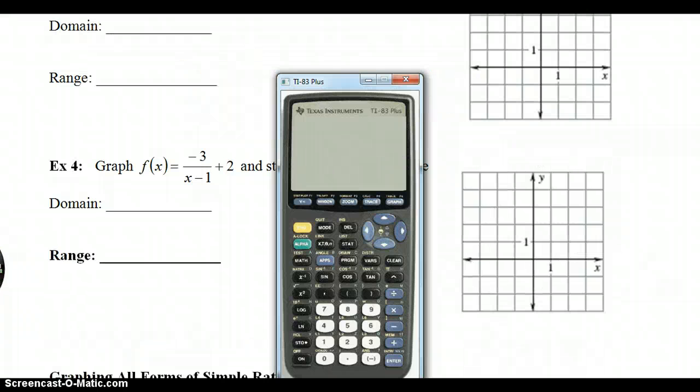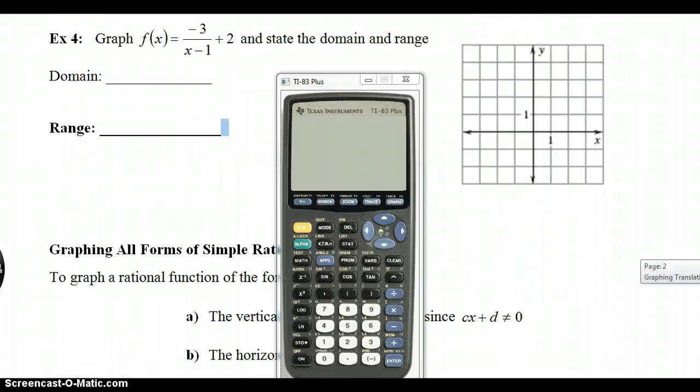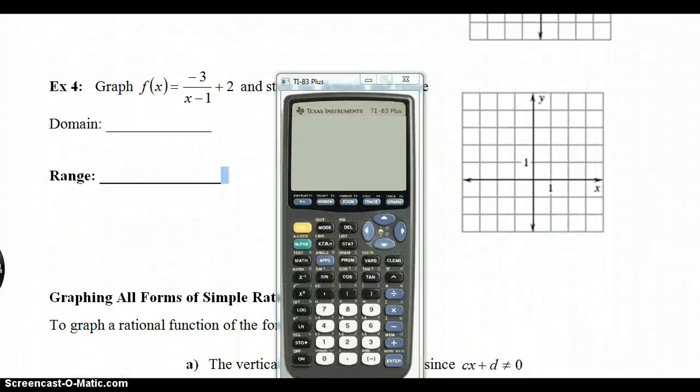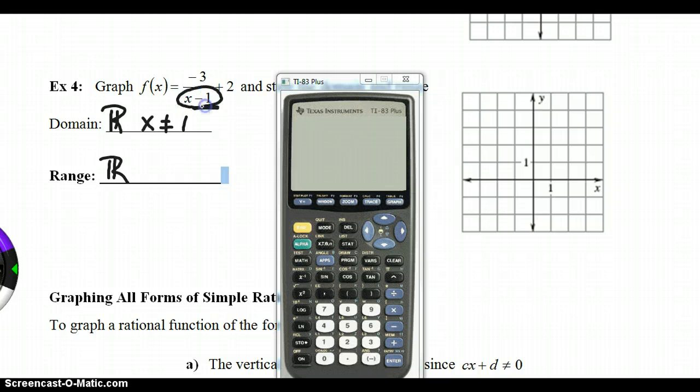So looking at example 4, again, you'll want to get an idea of where your asymptotes are going to be first. So look up at your model. We have our domain is all reals, but x can't equal 1, and again, why 1? Because if I stick in 1, 1 minus 1 is 0, and I can't divide by 0.